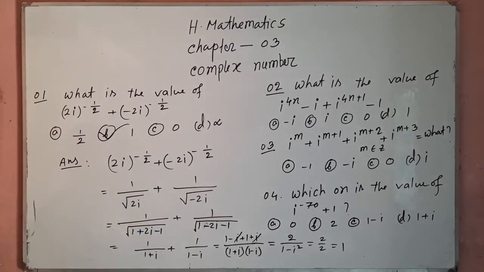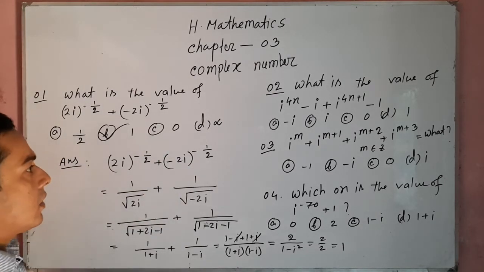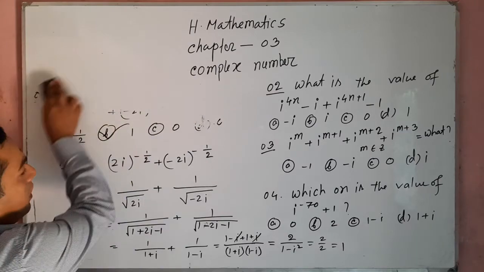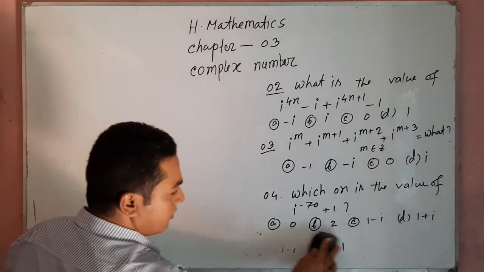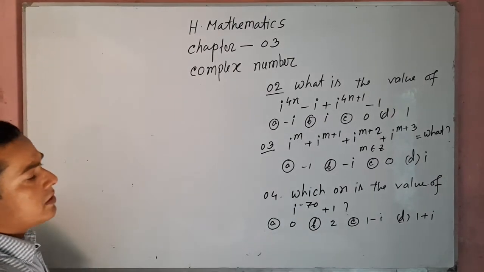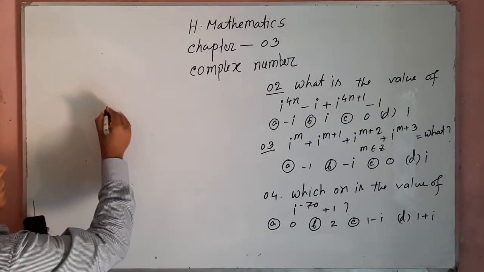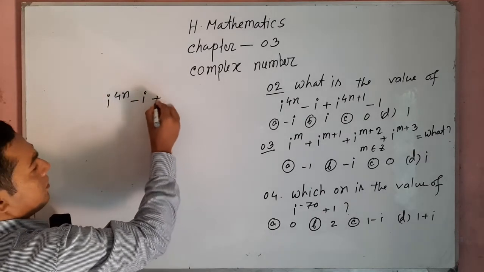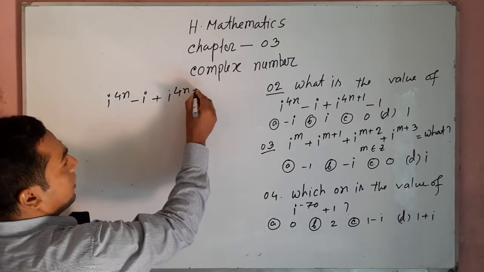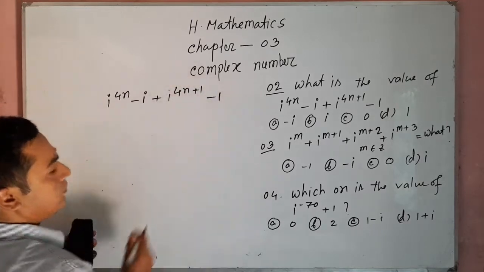Now MCQ number 2. MCQ 2 is i to the power 4n minus i plus i to the power 4n plus 1 minus 1.